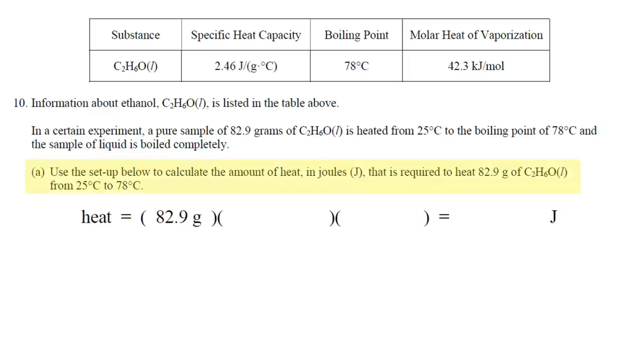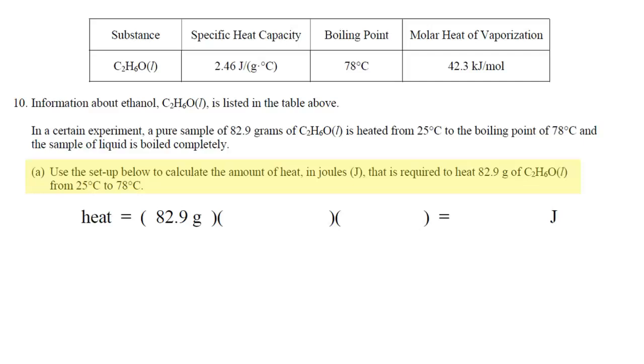But in part A, use the setup below to calculate the amount of heat in joules that is required to heat 82.9 grams of liquid ethanol. So we're not ready for that molar heat of vaporization. That will be used in part B of this question.